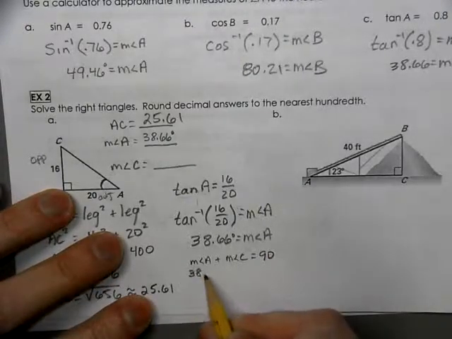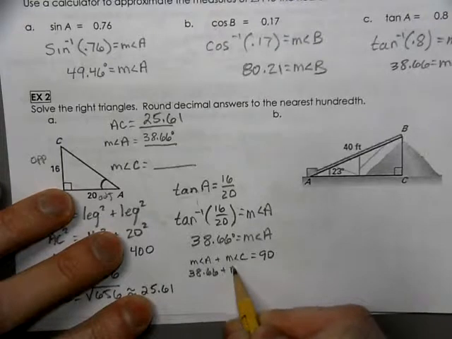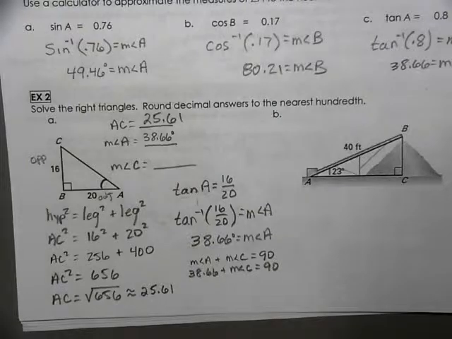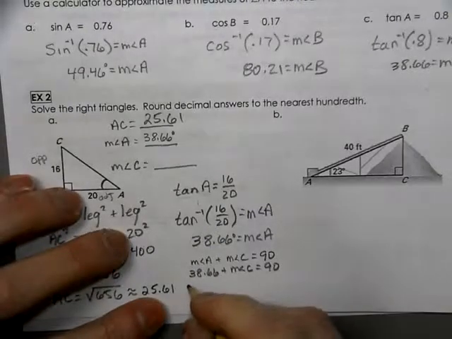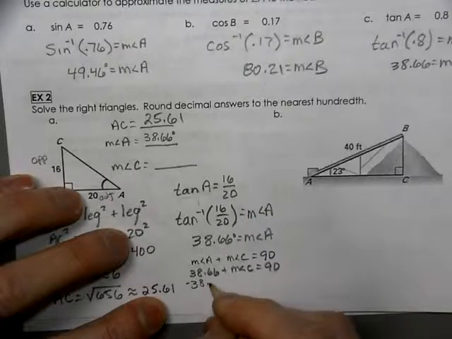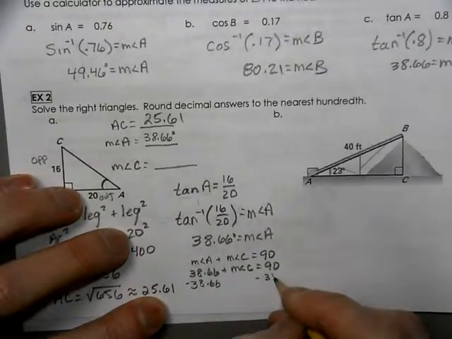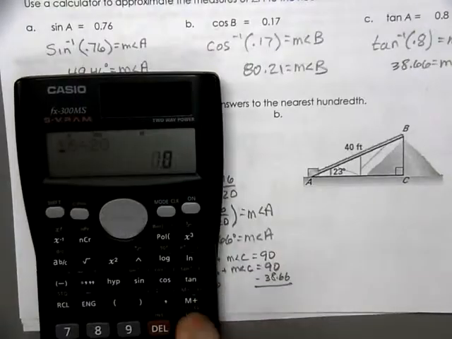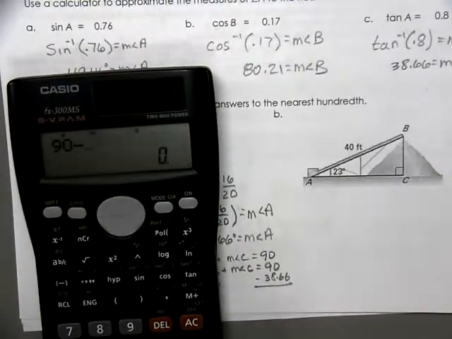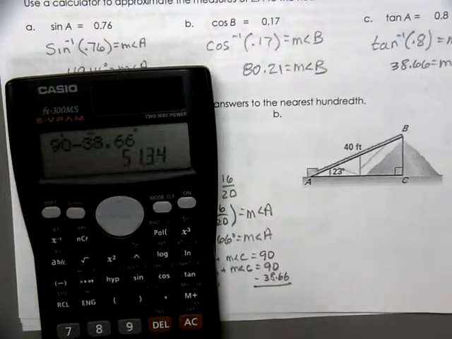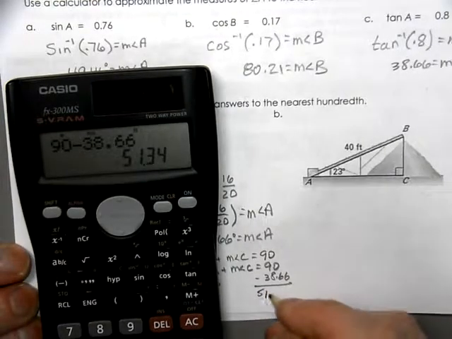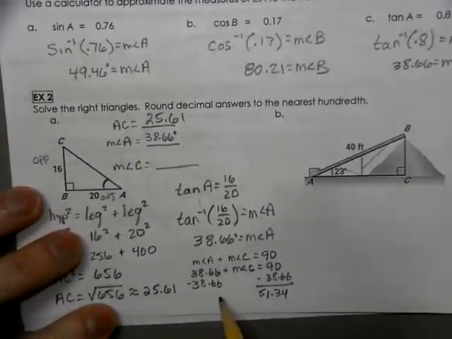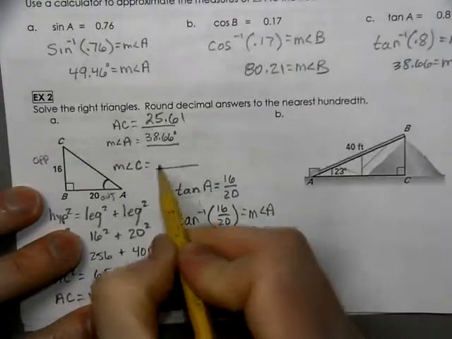So to plug in your 38.66, the only trouble with that is that if 38.66 was incorrect, then you're guaranteed to get the wrong answer for angle C. So we'll take 90 and subtract 38.66, and we get 51.34. And that is the measurement of angle C.